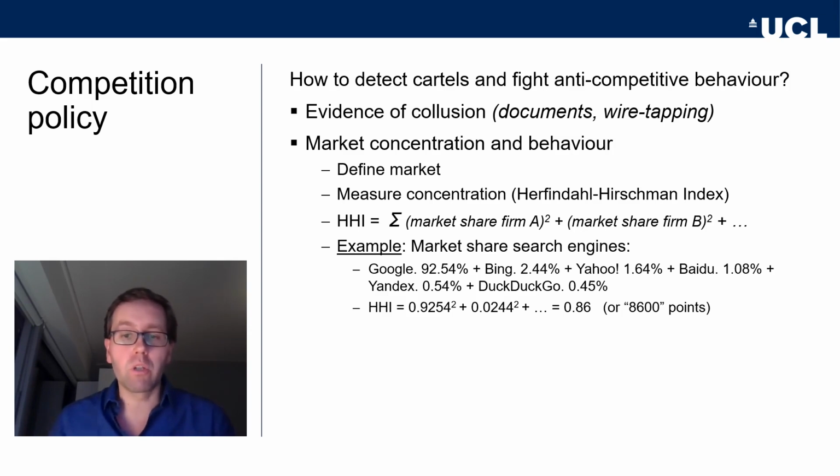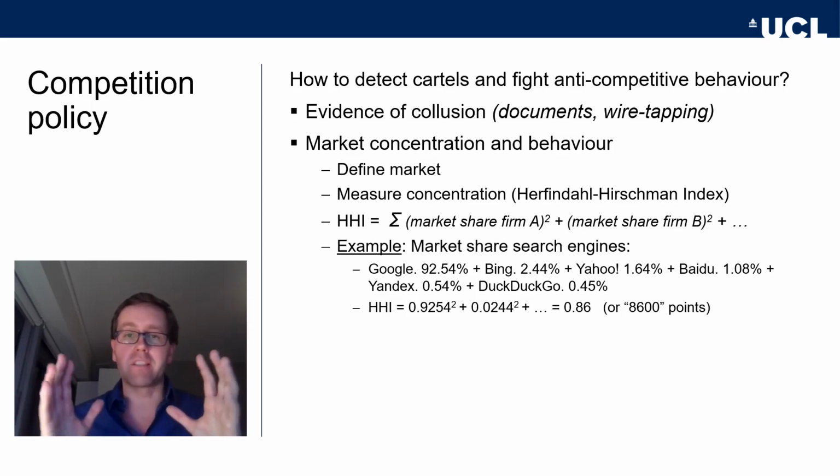So this is Google with 92%, Bing with 2.4%, Yahoo with 1.64%, Baidu 1%, and so forth, right? And so if we calculate the Herfindahl-Hirschman index for this, we basically end up with 0.92 squared plus 0.024 squared and so forth, and in total we end up with 0.86.